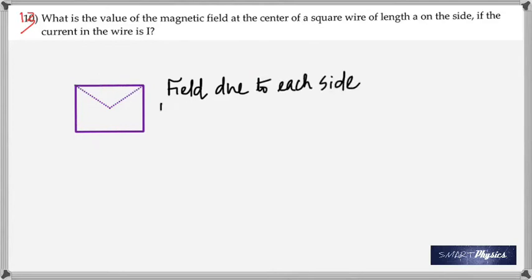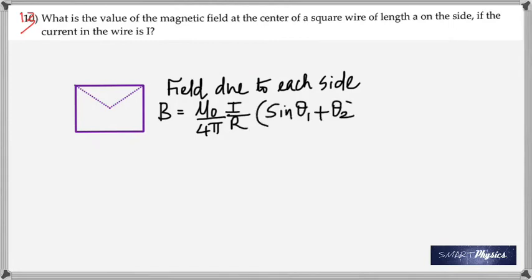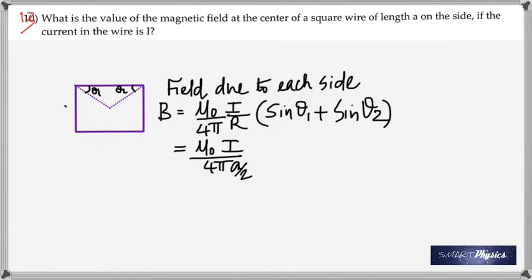The field due to each side is going to be the same in magnitude. It's given by mu naught by 4 pi I by r times sine theta 1 plus sine theta 2. That's the equation that you have to know.